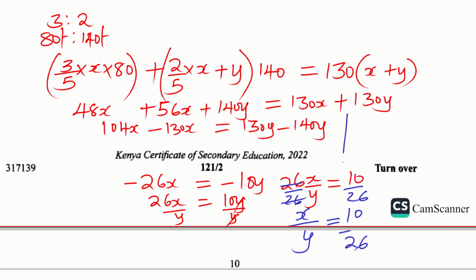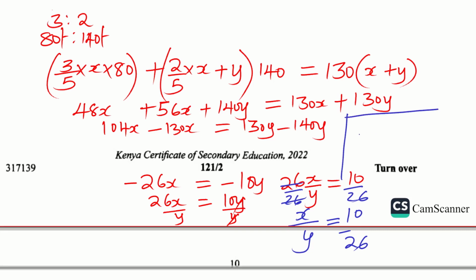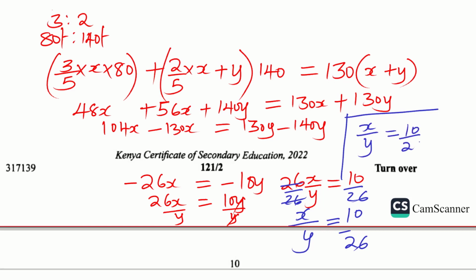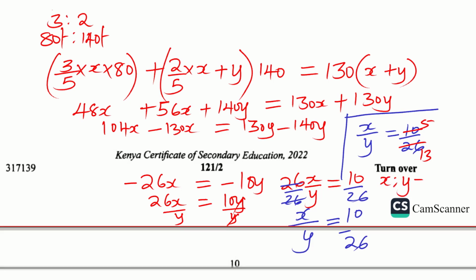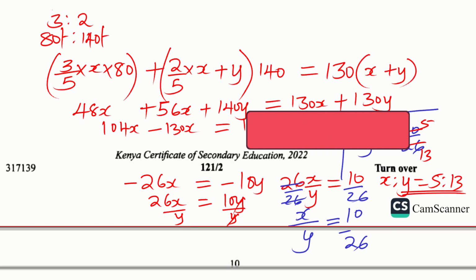When you simplify this, you'll get 5 over 13. So therefore X ratio Y, that is X over Y, gives X ratio Y is equal to 5 is to 13. That is the ratio that is required.